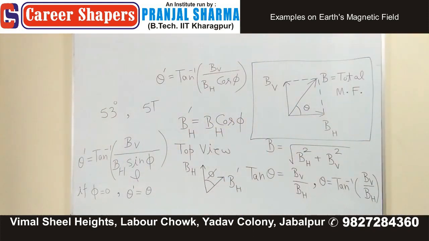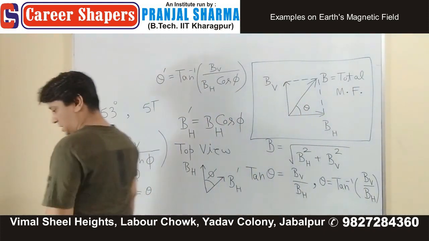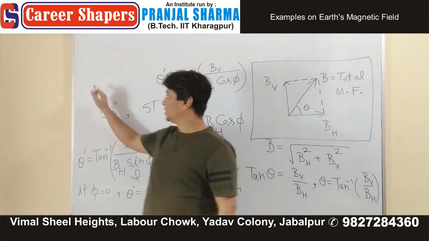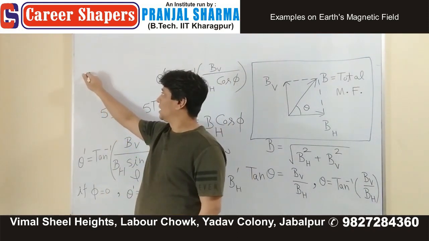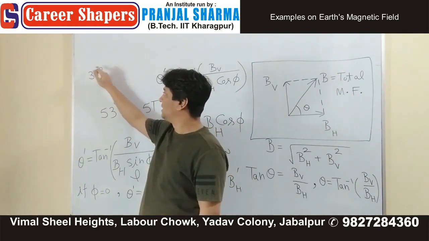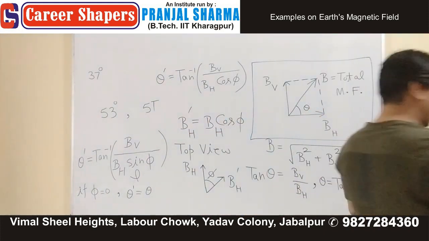Find out the angle of inclination in a plane which makes an angle of 37 degrees with the plane of magnetic meridian.